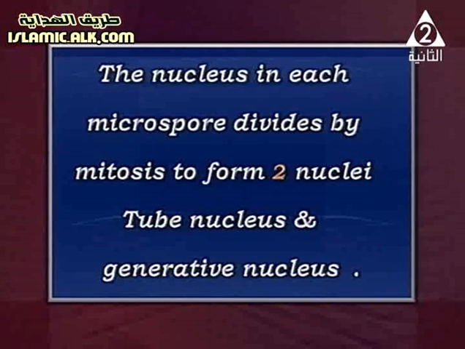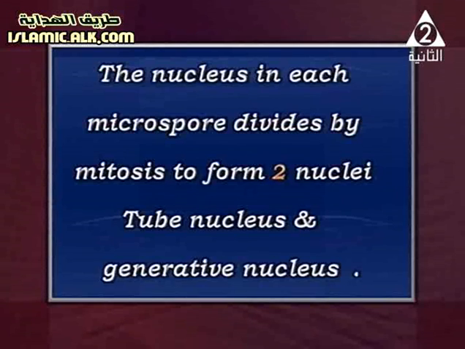The nucleus in each macrospore then divides by mitosis to form 2 nuclei: the tube nucleus and the generative nucleus. As soon as it reaches the stigma, the nucleus divides into 2 nuclei.